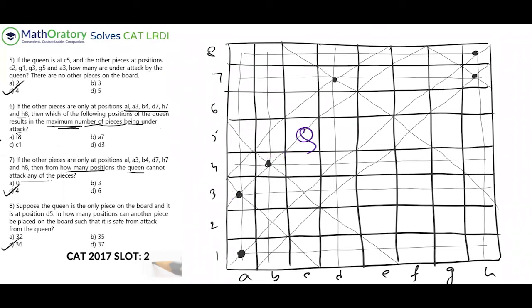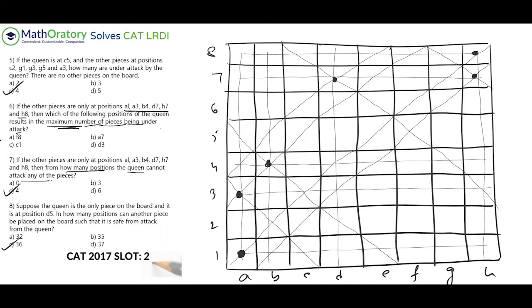So effectively, the number of lines will always determine. This square has just one line passing through it, so the queen will attack only one piece, not more than one. The number of lines passing through that particular square will indicate the number of pieces the queen is attacking.